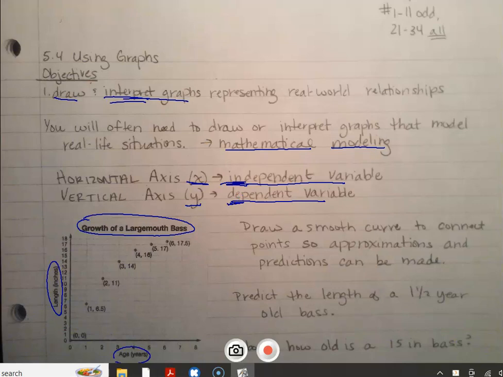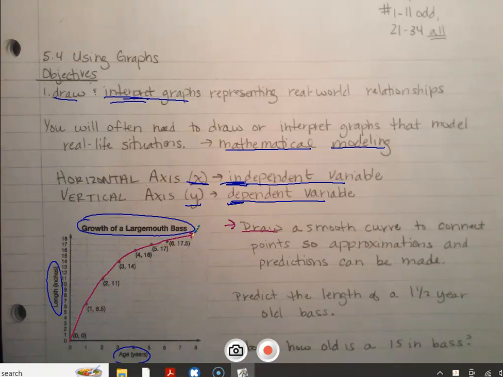It says, draw a smooth curve to connect the points so approximations and predictions can be made. So we have the set of points, but we want to make an approximation or a prediction about some other things. So we're going to start here and smoothly connect those. It's a little harder. There we go. Pardon the screeching sound. So we've got this smooth connection.